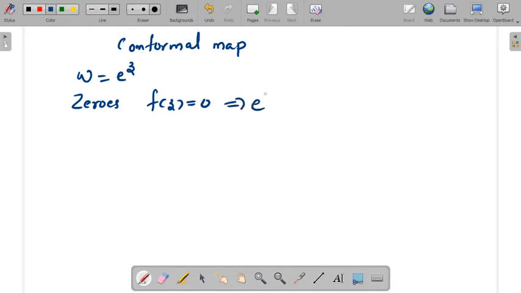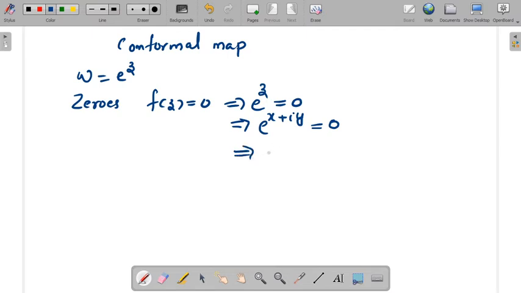This implies e raised to z should be equal to 0. So is there any point where e raised to z equals 0? E raised to z equal to 0 implies e raised to x plus iy should be equal to 0.